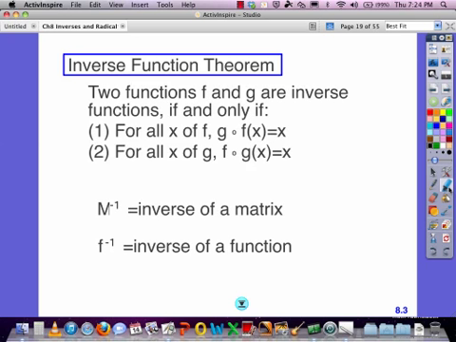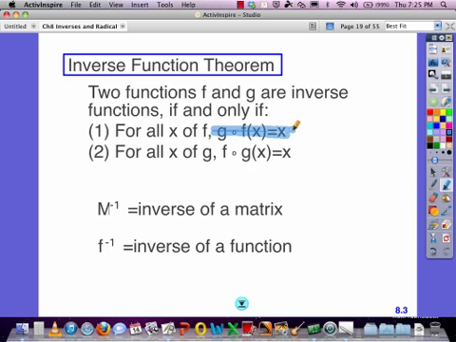So with this, two functions, f and g, and it doesn't matter really what they're named, are inverse functions if and only if, and notice it says 1 and 2, and you've got to do them both. For all x of f, you have to do g of f of x, and it has to come out to be x.